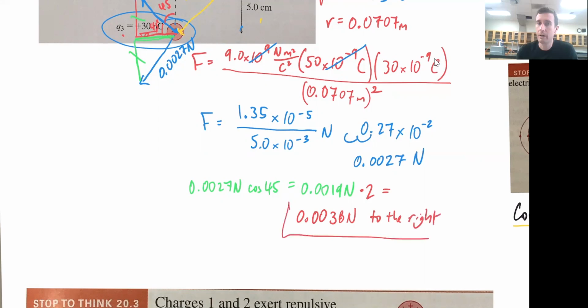So the total force would be 0.0038 newtons to the right, okay, or in the negative x direction. Nope, not the right, the left. It's the left. Tough when I can't even get my left and my right correct. All right, it is to the left. There we go.